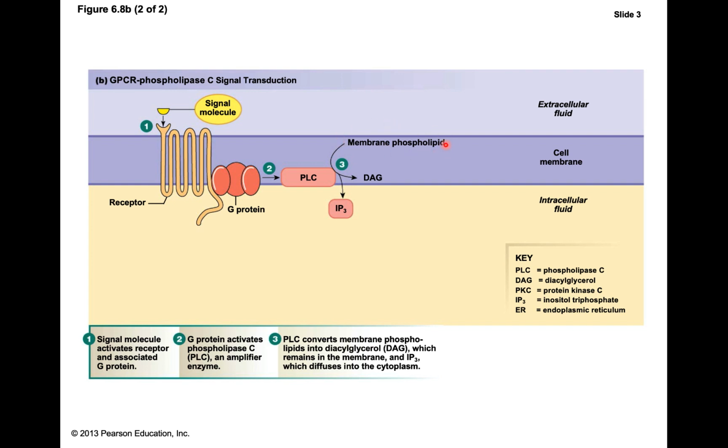Well, if you recall, all cell membranes are lipid bilayers. Lipid bilayers are made out of phospholipids. So PLC is essentially literally taking the phospholipids from the lipid bilayer and breaking them down into two different other molecules, IP3 and DAG.